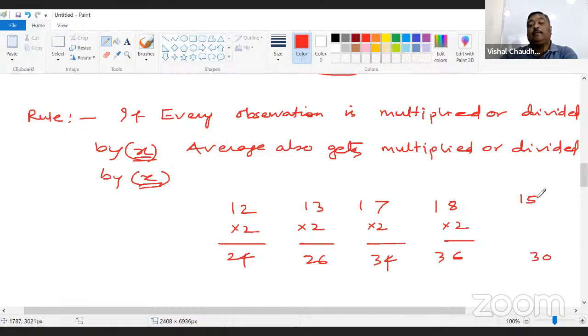So see, the average also got multiplied by 2. Is it clear, guys? Is the concept clear?